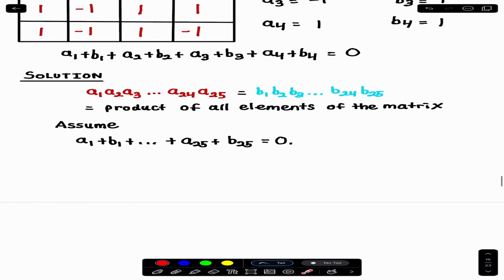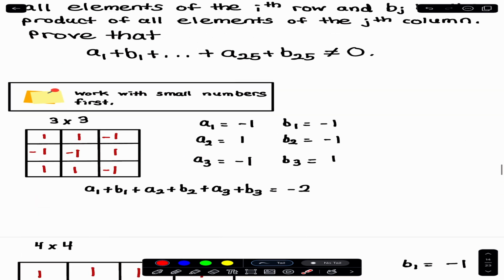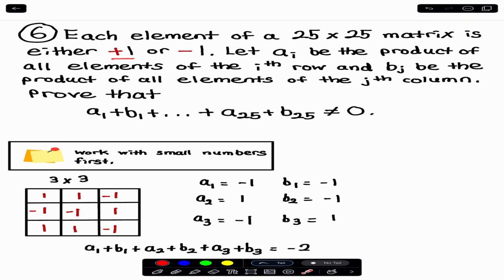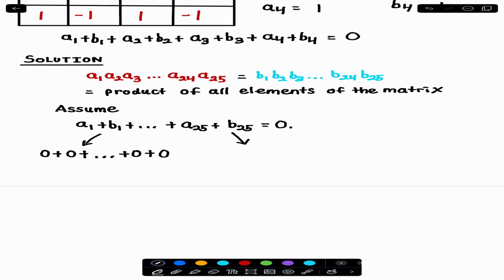Now, in general in math, when you have a bunch of sums like this equal to 0, that's either because everything is equal to 0, so it could look like 0 plus 0 plus ... plus 0 plus 0. Or another case is because all our numbers in the matrix are either positive 1 or negative 1, what's going on is you most likely have something that goes like this.